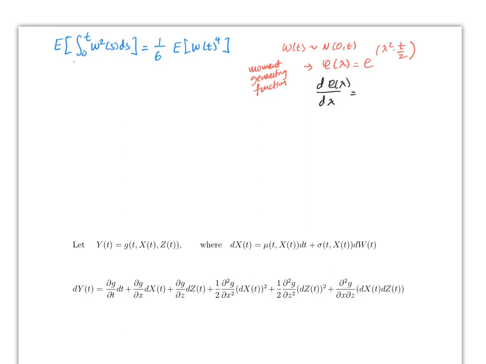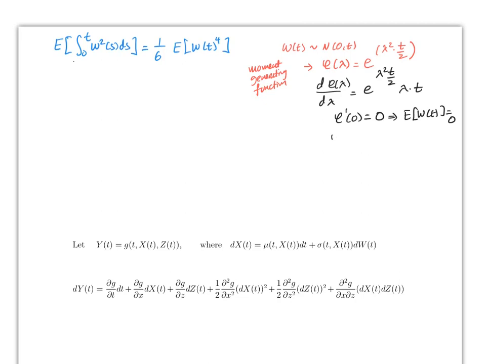For example, the first derivative will be e to the lambda squared t over 2 times, since you're differentiating with respect to lambda, 2 lambda over 2, which is just lambda t. Then if you plug in 0, that is f prime of 0, that will give you 0, which implies that the expected value of wt is equal to 0, which we already knew.